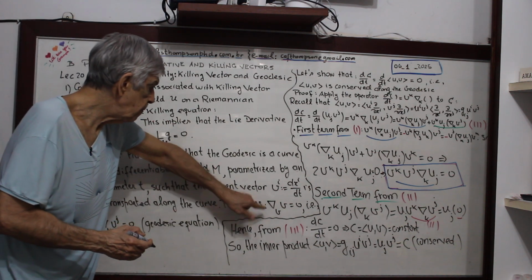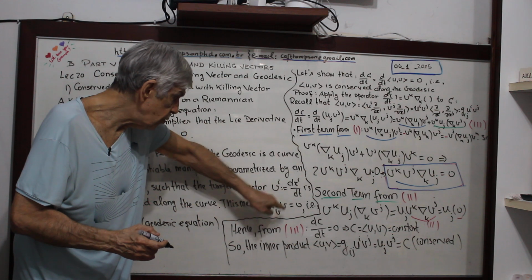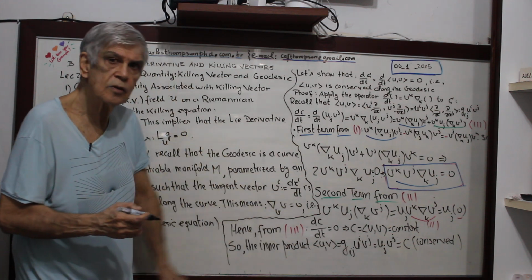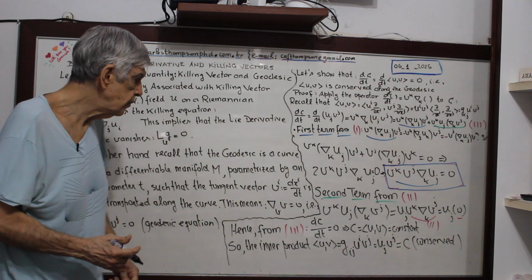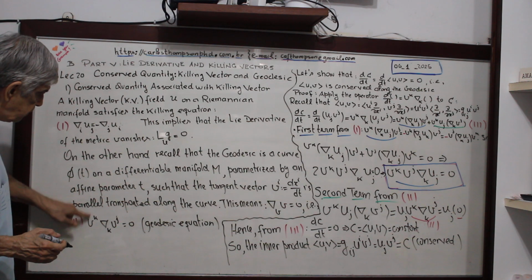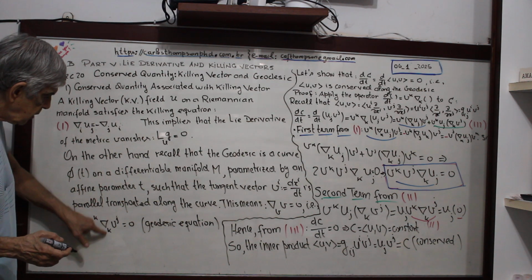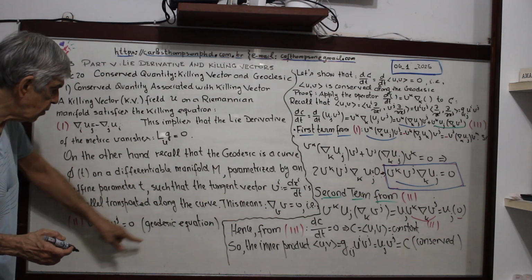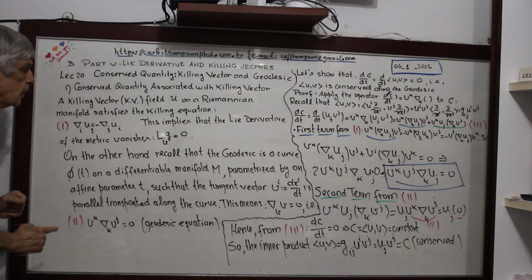This means that the covariant derivative of the same vector V is equal to 0. That's how to obtain the geodesic curve. In terms of components, Vk covariant derivative of Vj is equal to 0. That's the geodesic equation, number 2.